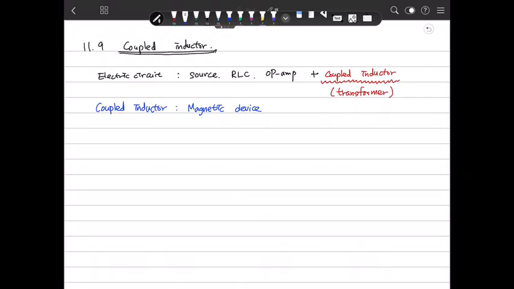And this device has a very simple structure. We already know about the capacitor and inductor.